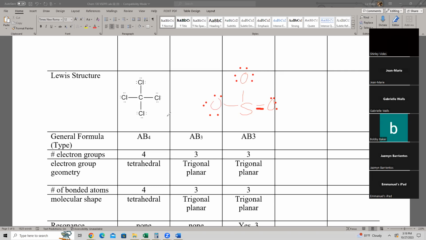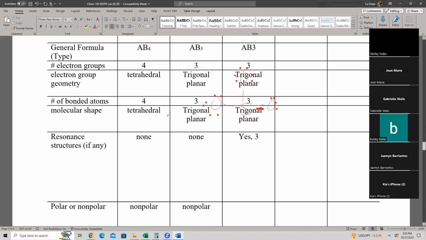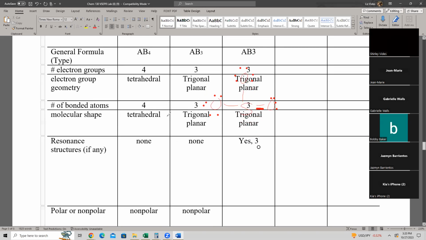Okay, so now let's keep analyzing this. Okay, so is it polar or non-polar, based on what we know? You know how to use the features on your screen.